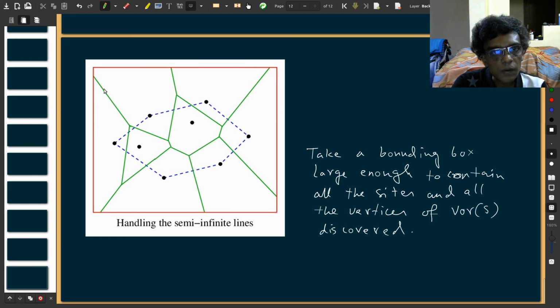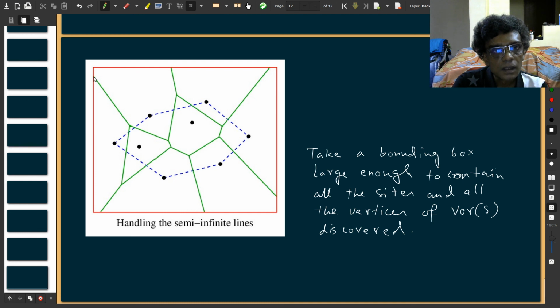Generate this perpendicular bisector and then figure out where exactly this perpendicular bisector meets the bounding box. This bounding box need not be square, need not be a rectangle. It may also be a circle, some region which is big enough to contain this entire finite part. So now I may replace this plus infinity by this.